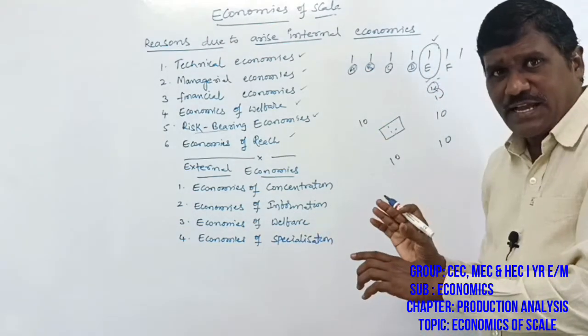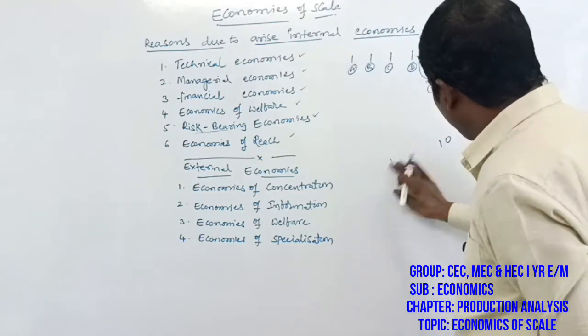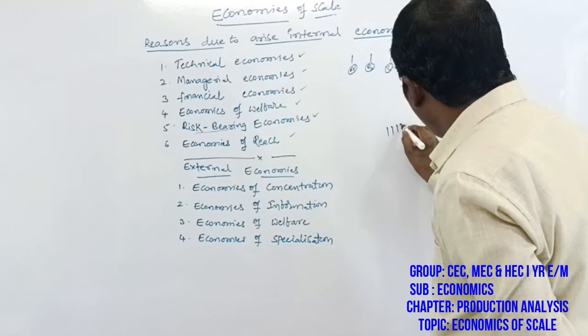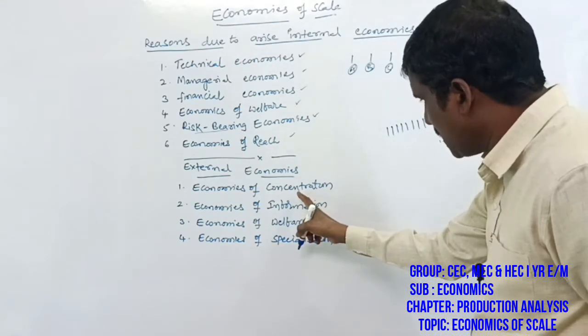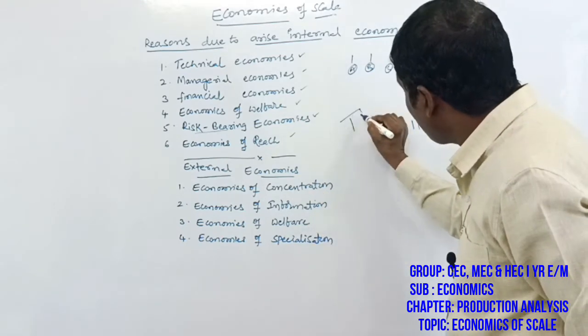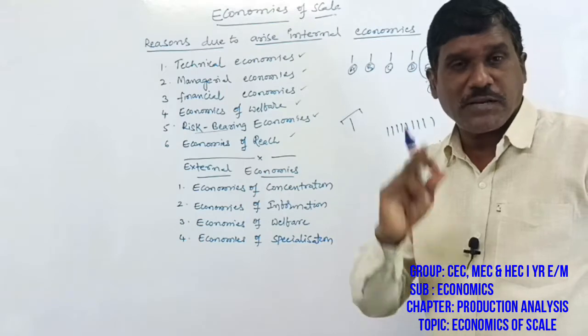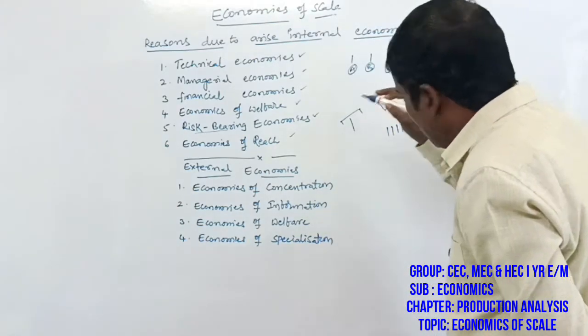So here what we should do is gather all the firms at a certain place. When the location is a concentration of a number of firms, it is very easy to establish power facilities at a certain place. It is easy to establish schools for the labor's children, and water facilities for the labor.